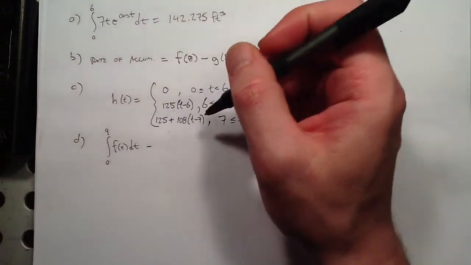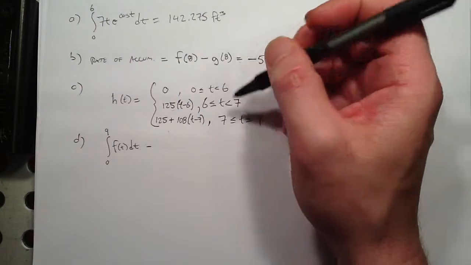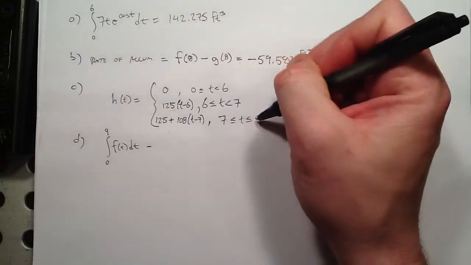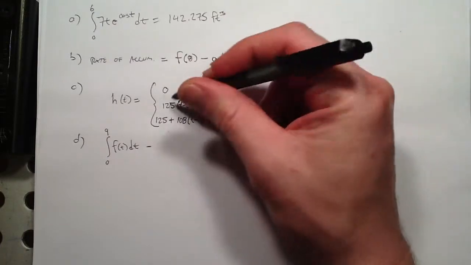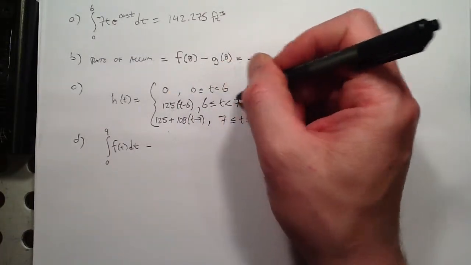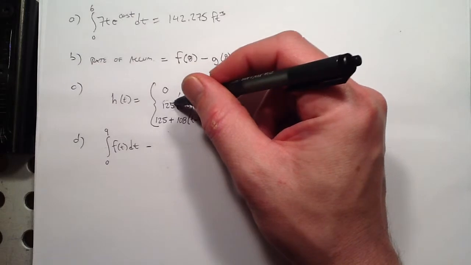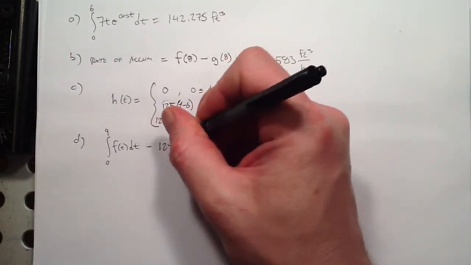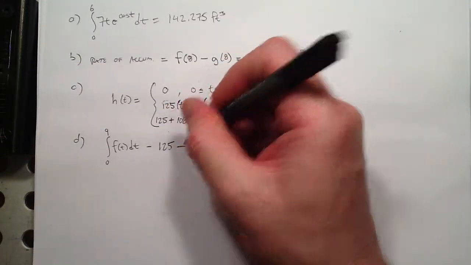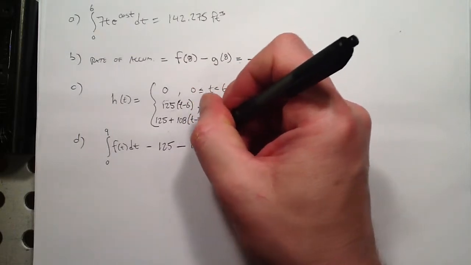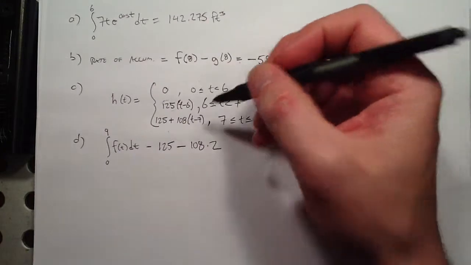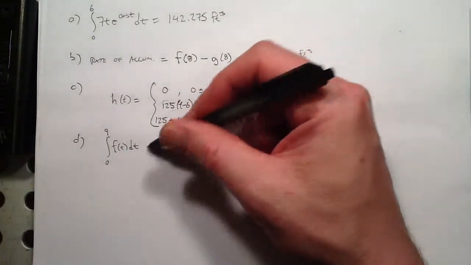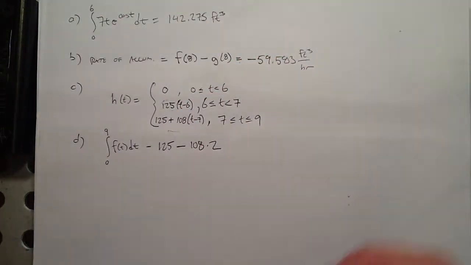Now, how much did she remove? Well, actually you could plug 9 into your function. We have it right here, right? But just thinking through this again, for this hour, she removed it at 125 cubic feet per hour for 1 hour, and then she removed it at 108 cubic feet per hour for 2 hours. But notice if you plug 9 into this, that's exactly what you get. You end up subtracting off that same thing.